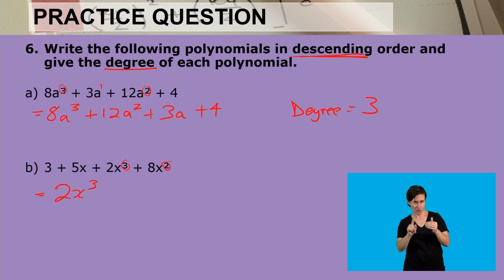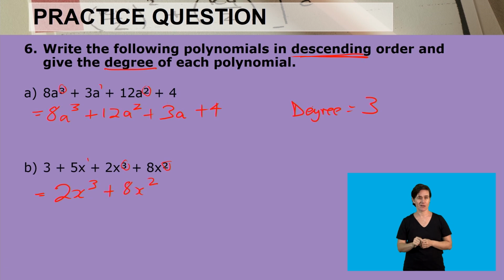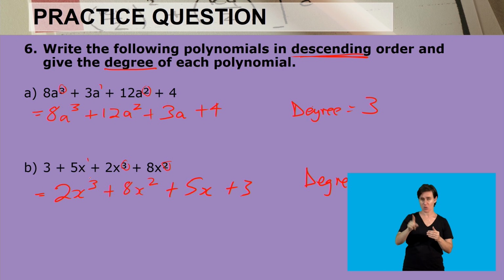And then the next one is a square, so it would be plus 8x squared. We take the whole term. And the next one is x, which means it would be 5x plus 3. And then the degree of the expression would be the highest exponent, which is 3.